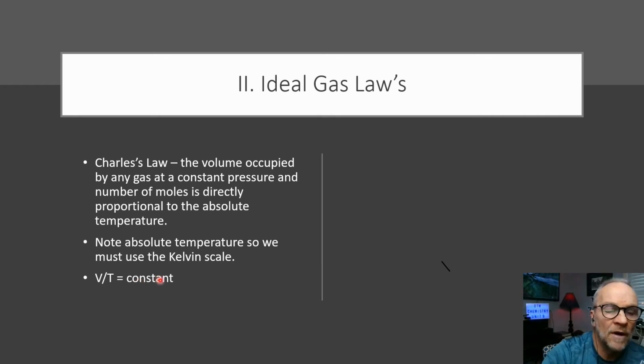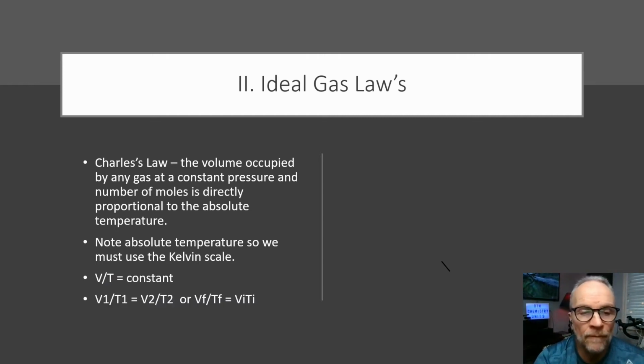So if you have a constant here, if V increases, T also has to increase as well. And I think it's also helpful to note this formula when you have variable conditions: V1 over T1 is equal to V2 over T2. And we'll use that to work our problem.